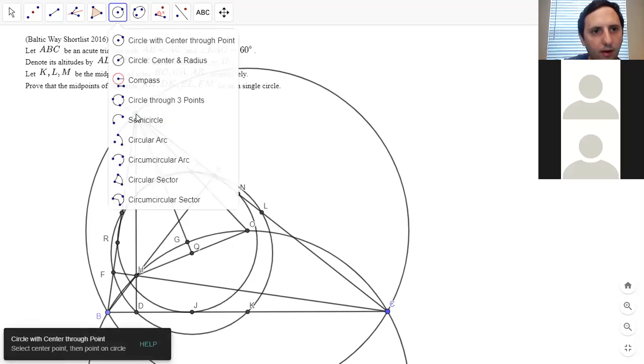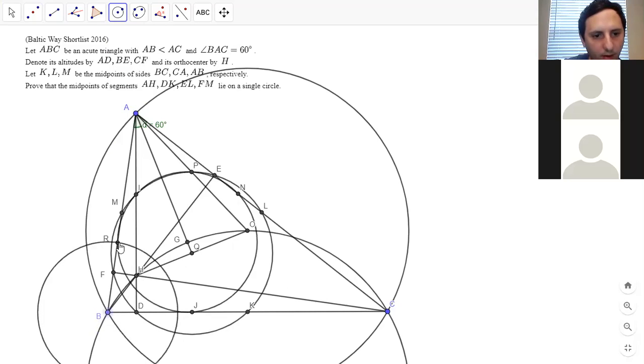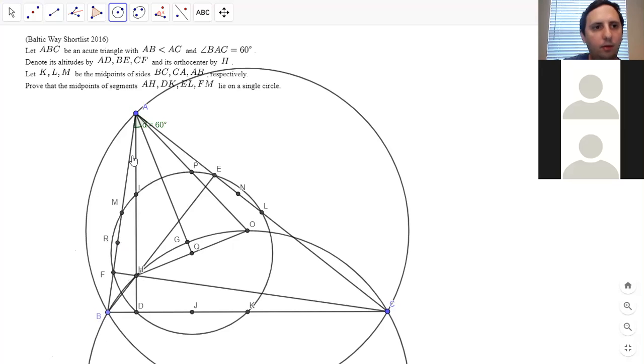That's saying that BR passes through the other... wait, something doesn't look right. Because if G lies on the angle bisector, then if GR is equal to GJ, something looks weird.